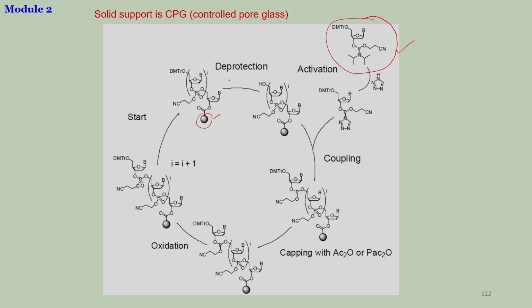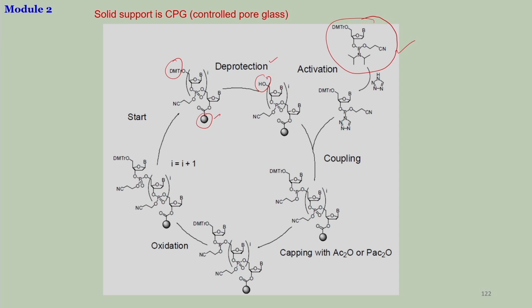So, the first step is that you deprotect the DMT, and it is converted into the free hydroxyl group here; that step is called deprotection. This is attached to the solid glass, and then the second nucleobase reagent that you wish to add will be pumped into the solid, and then it will react.